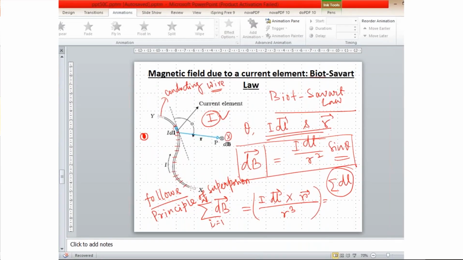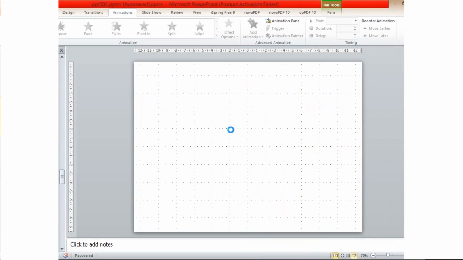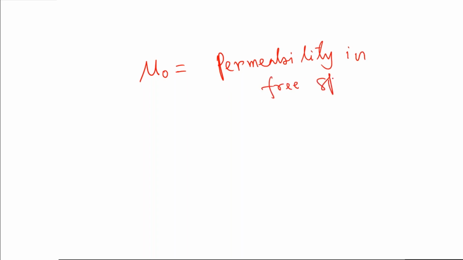Permeability, what do you mean by permeability? Actually this mu is called permeability, and mu naught is permeability in free space or vacuum, okay.